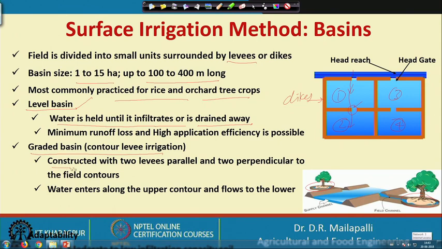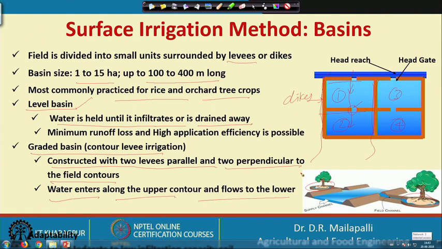And this is constructed with 2 levees parallel and 2 perpendicular to the field contour, just like here. And similarly, if they are contours, it goes like this. The water enters along the upper contour and flows to the lower contour.